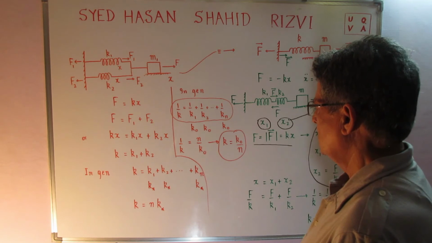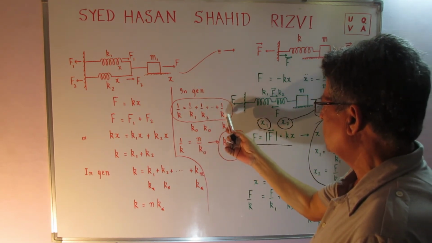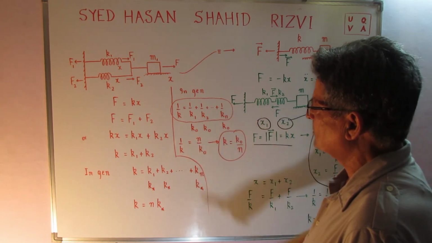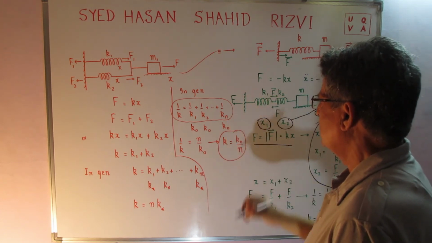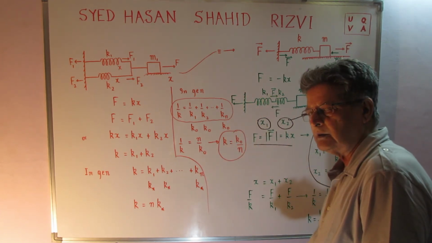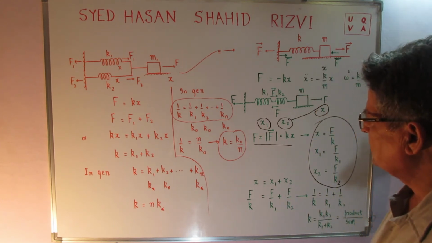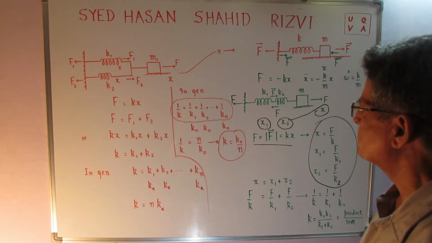Therefore this is 1 upon k0, n times. So 1 upon k becomes equal to n upon k0, or I can just write that the value of k is k0 upon n. This is called the series combination.